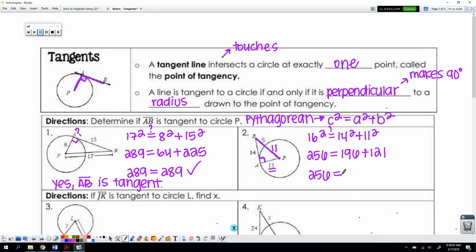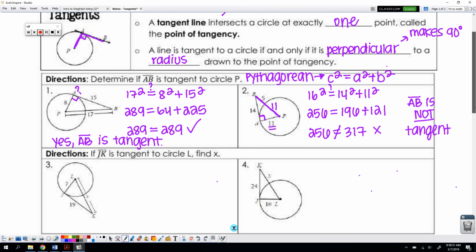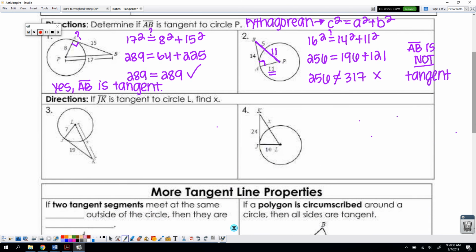We get a 7 at the end. It looks like it's 317. So this is not equal. You can put a slash there. It is not equal. So in this one, AB is not tangent.